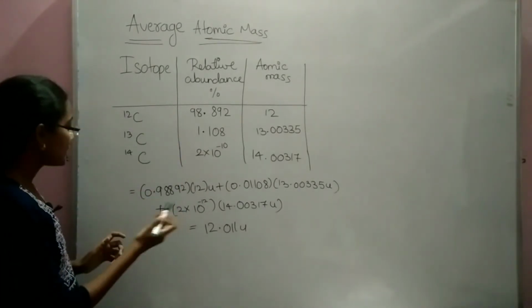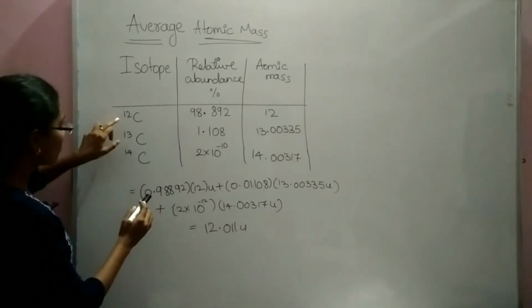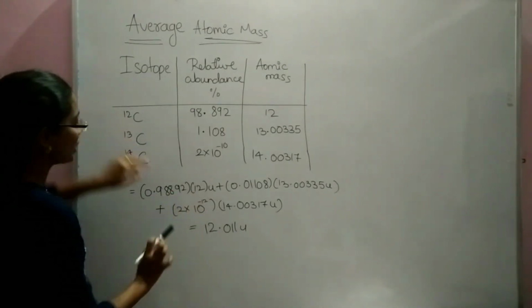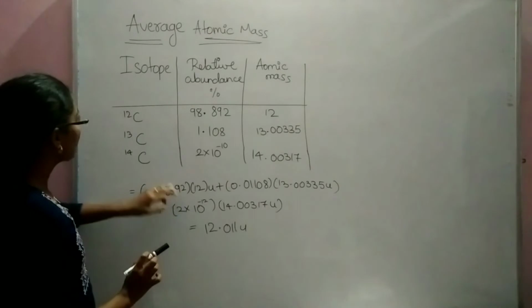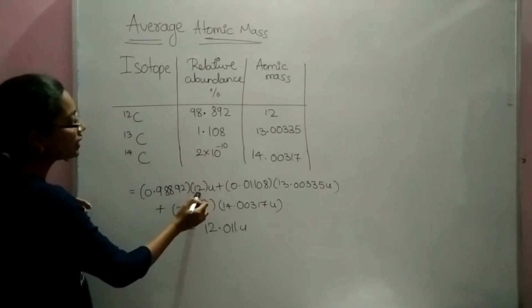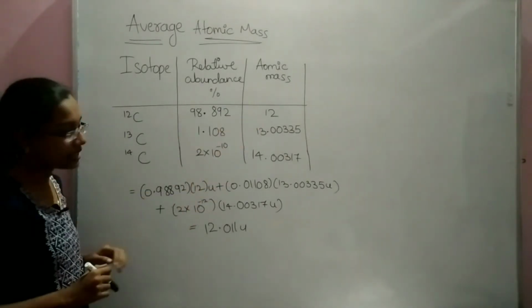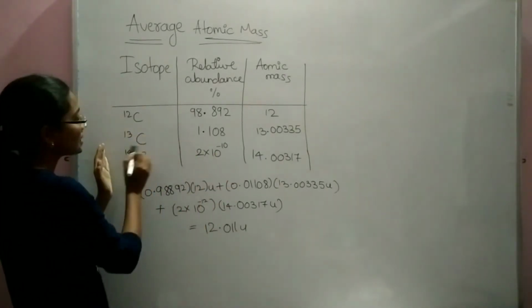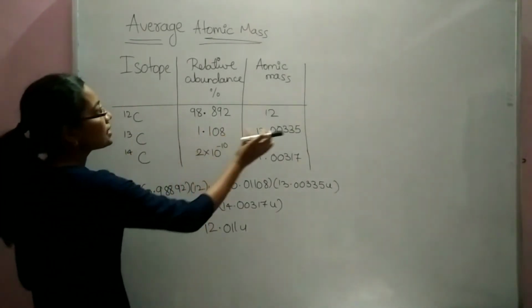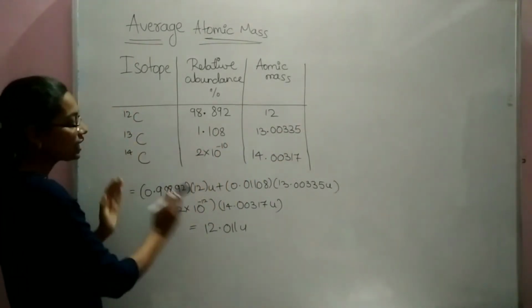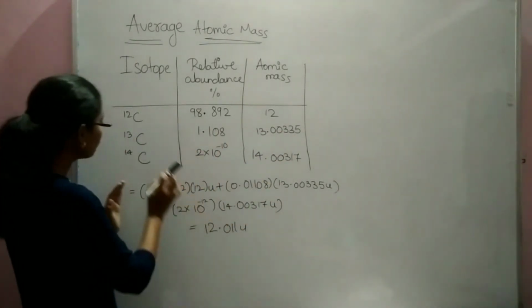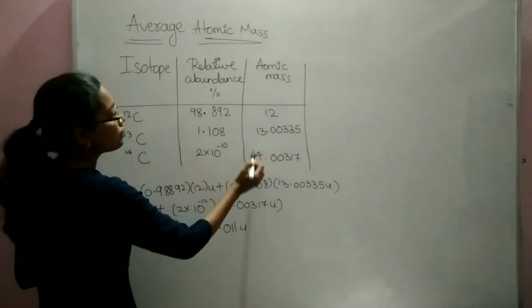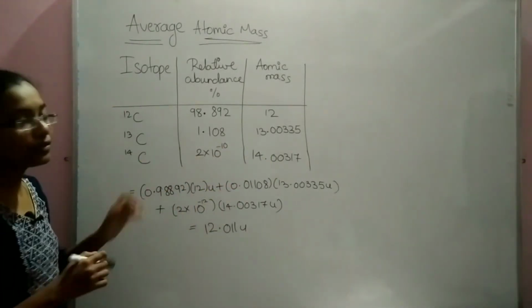For example, you can see here, this is about C12. 0.98892 is the relative abundance of C12, which is multiplied by its atomic mass, that is 12, plus the relative abundance of C13 times the atomic mass of C13, added to the relative abundance of C14 times the atomic mass of C14.